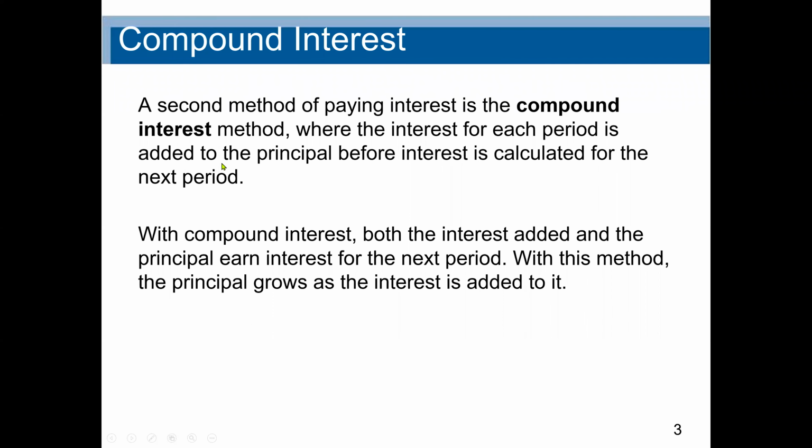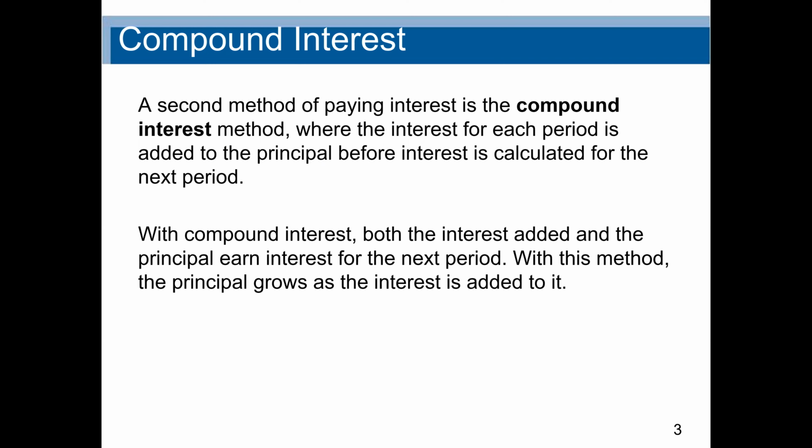So first we start with compound interest. Here we say compound interest is the second method of paying interest, and the first method was simple interest. Now the difference between simple interest and compound interest is that with simple interest, when we earn interest, we are not going to add it to the principal amount.